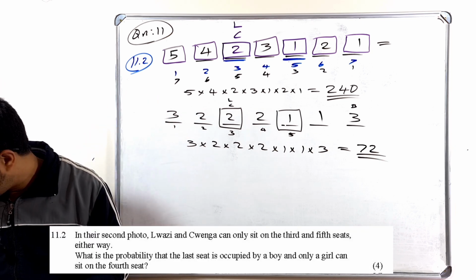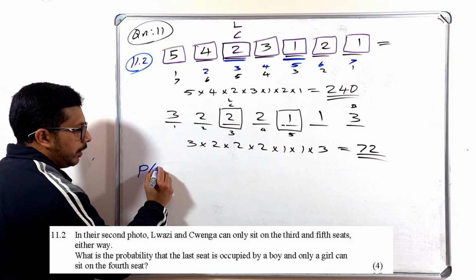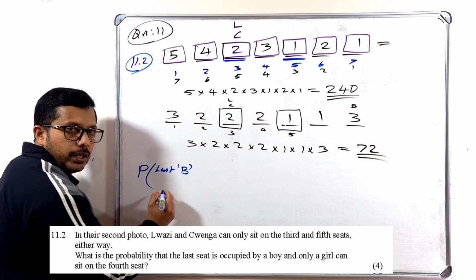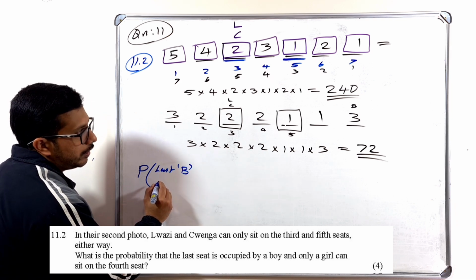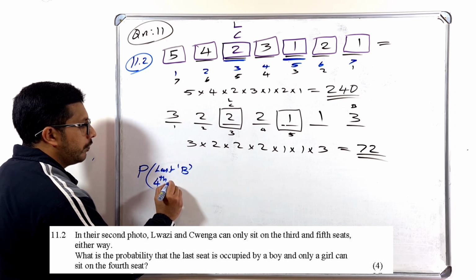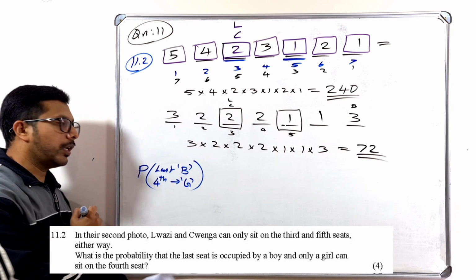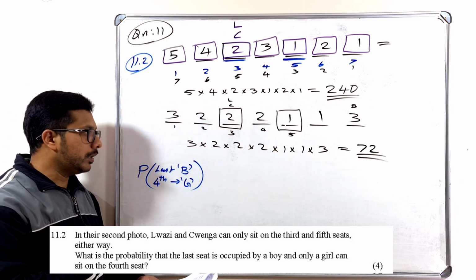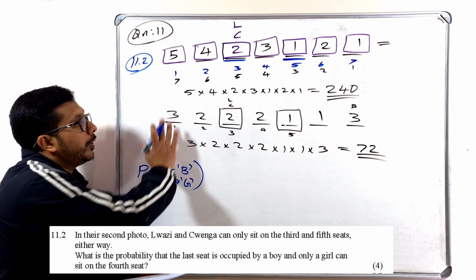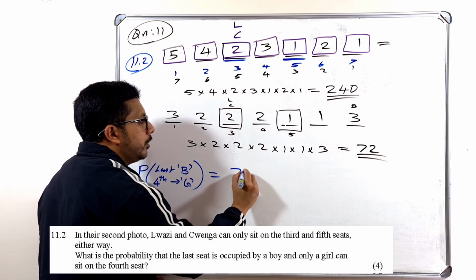So the probability of last seat boy and fourth seat girl. How many are there? 72. So it is 72.